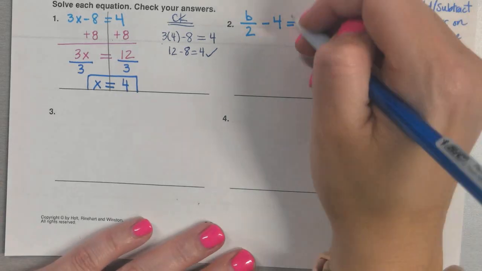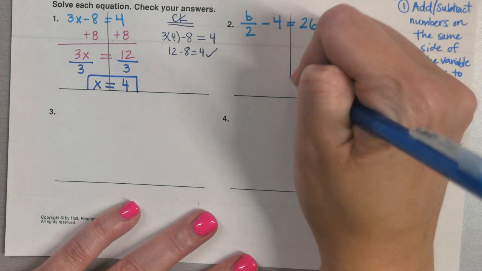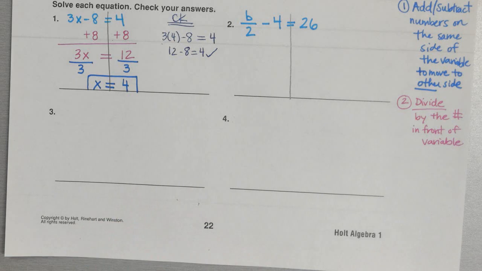And like I said, one of the first things I want you to do is put this line down the middle. The equal sign divides this into two sides. And I want you to just do the first step. You don't have to do the second step. Just do the first step according to what we did on the first one.